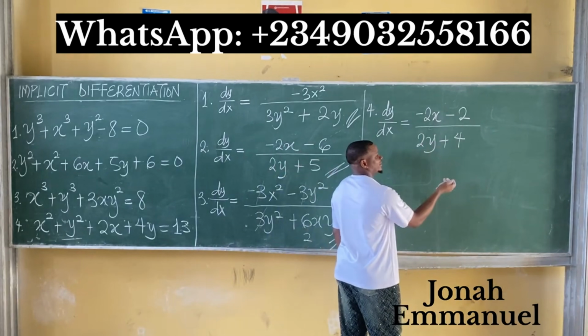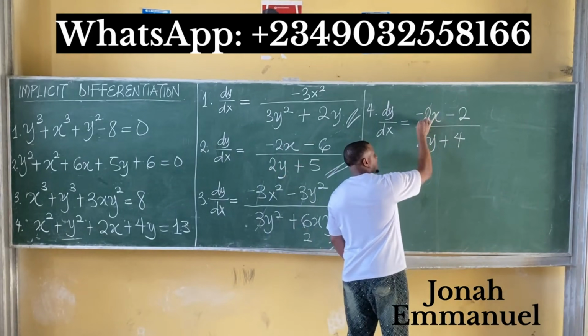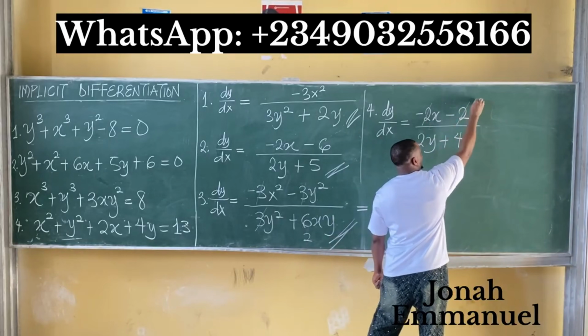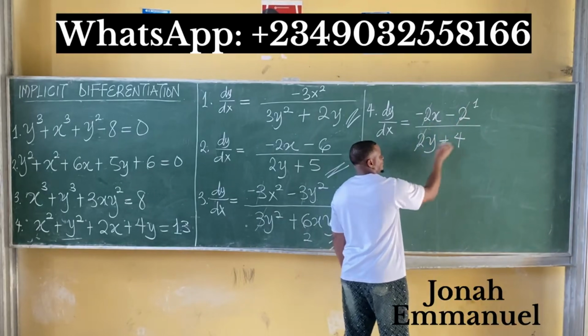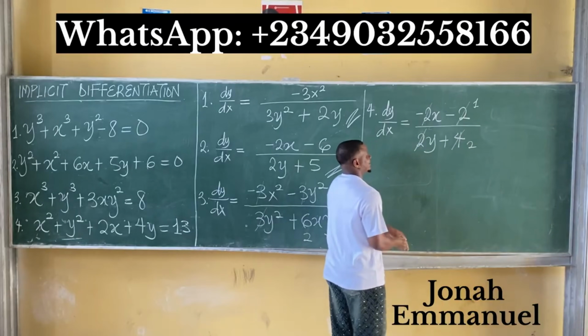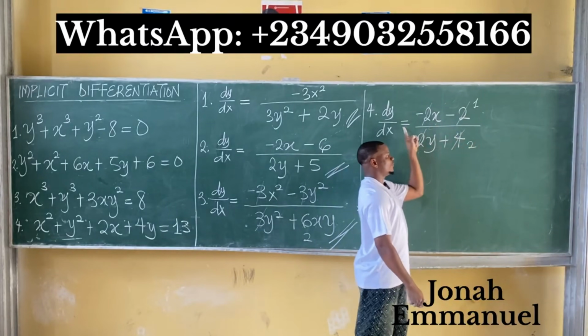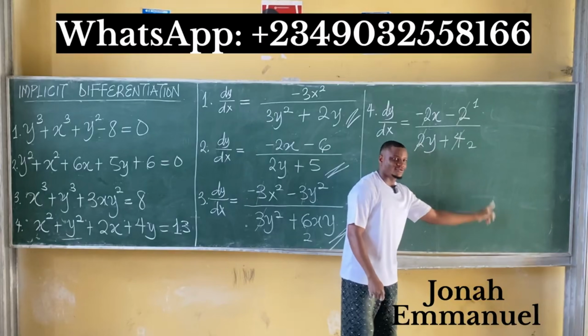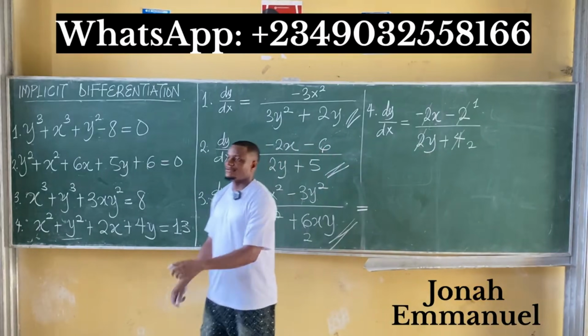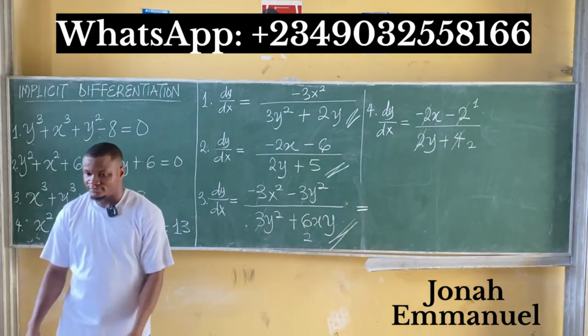Which is what there? 2. Remove 2 here. Factorize 2. What do you have here? 1. 2 here. What do you have here? 2. So what's the answer there? Minus x minus 1 all over y plus 2. That's it. Right?